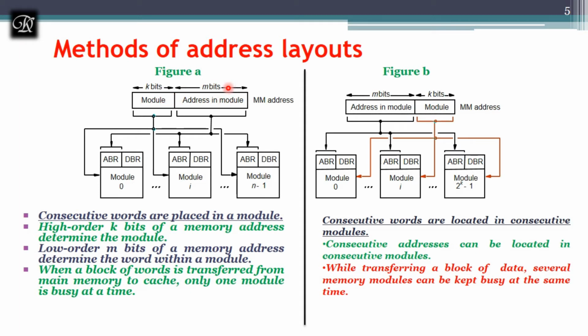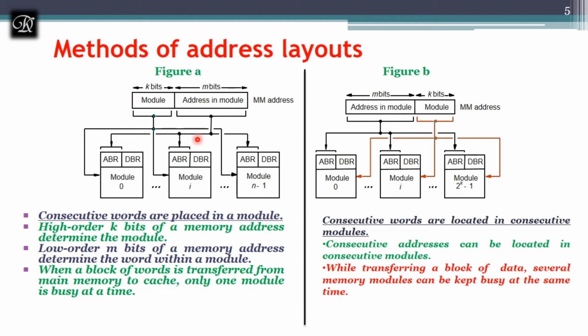The higher order k bits name one of n modules, and the lower order m bits name a particular word in the module. So the higher order bits select one module, and the lower order bits select the word inside the module.